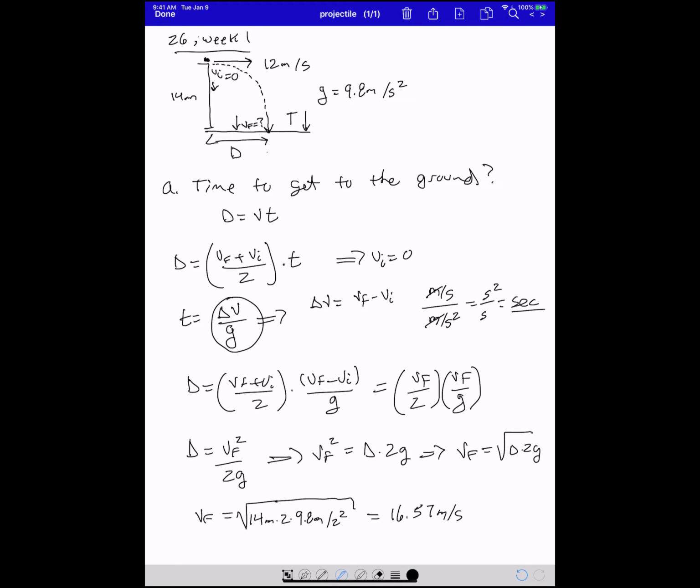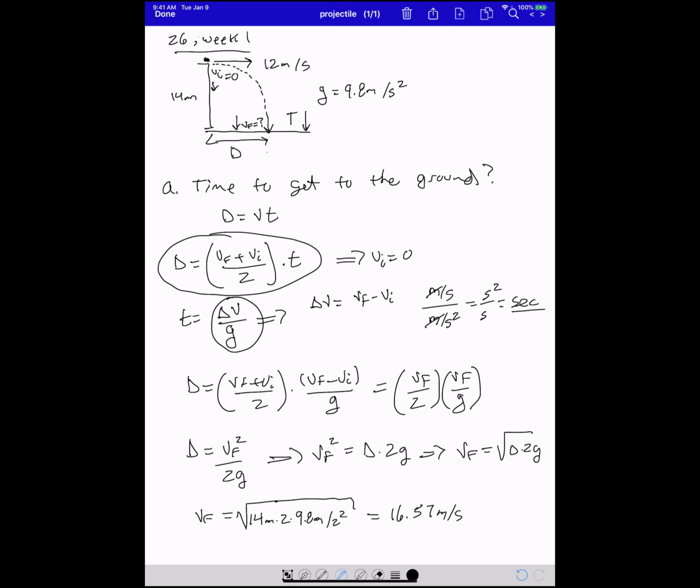So when the ball hits the ground, it's hitting the ground at right around 16.57 meters per second. Now, we still need to figure out what the time of travel is, but now that we know the final velocity, we'll be able to figure it out, because now we can just use this equation right there.